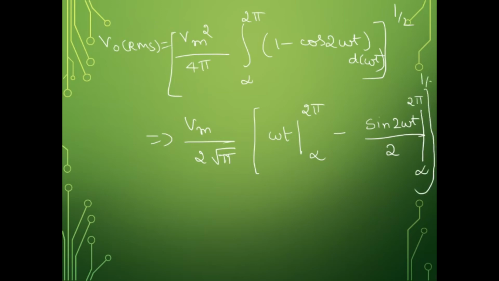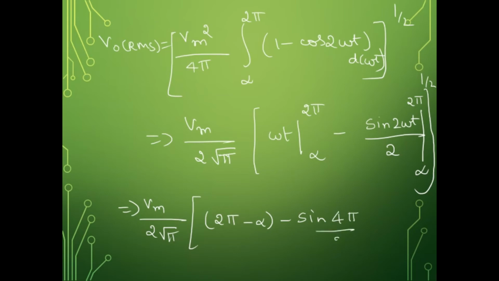Or it is Vm by 2 root pi times the root of 2 pi minus alpha minus, sine 2 omega t by 2 with the interval up to 2 pi, so it becomes sine 4 pi by 2, minus of minus is plus, sine 2 alpha by 2.